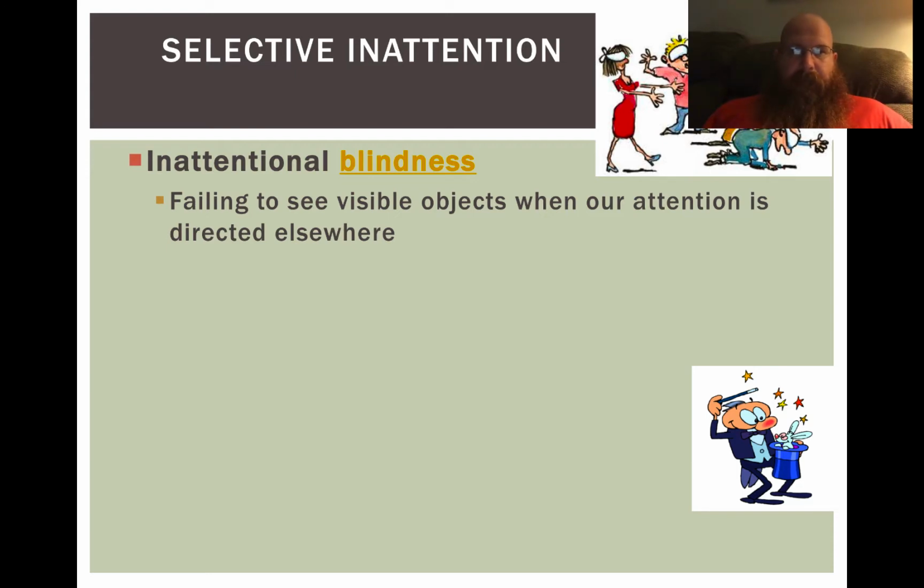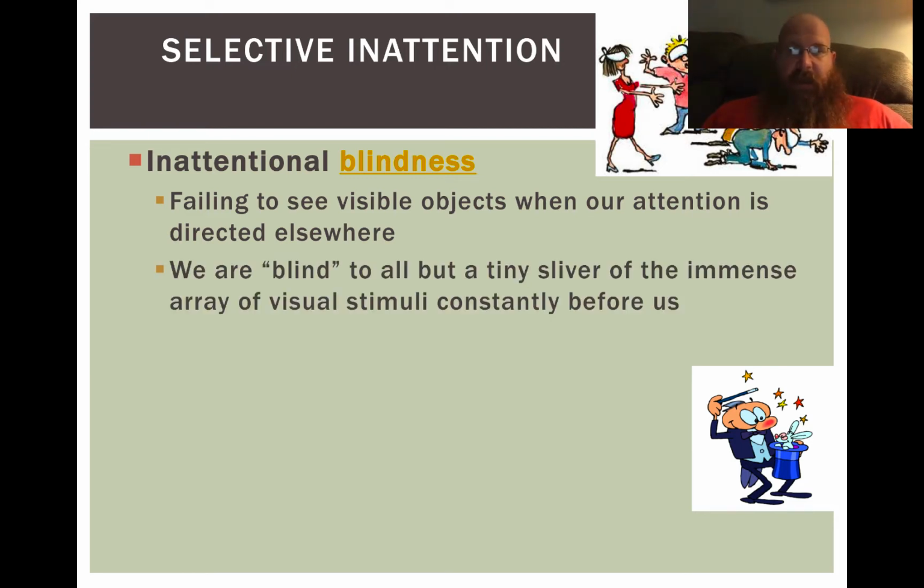Inattentional blindness is failing to see visible objects when our attention is directed elsewhere. I'm going to show you an example of this probably tomorrow, so I'm not going to get too much into it. But we are blind to all but a tiny sliver of the immense array of visual stimuli constantly before us.